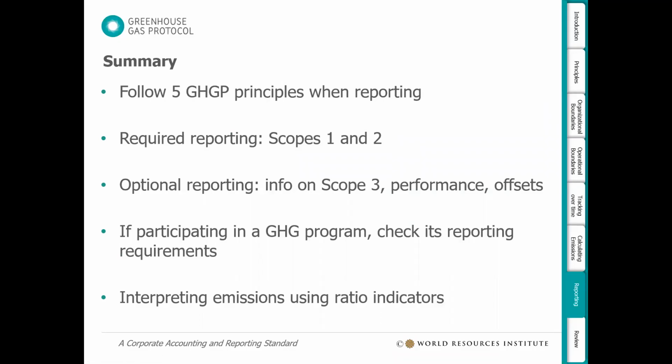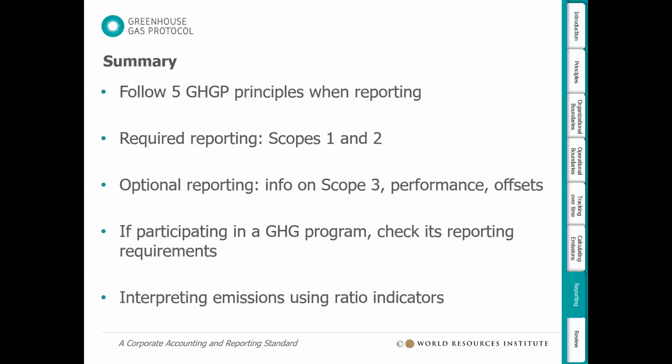Okay, so essentially we've concluded the presentation on reporting requirements. The key points are to follow the 5 GHG protocol principles when reporting. Scope 1 and 2 emissions must be reported, and companies can optionally report a wide range of information, including information on Scope 3, performance metrics, and offsets.